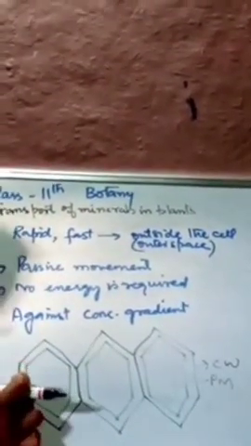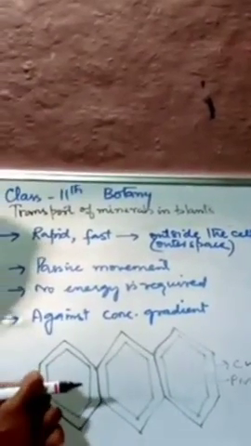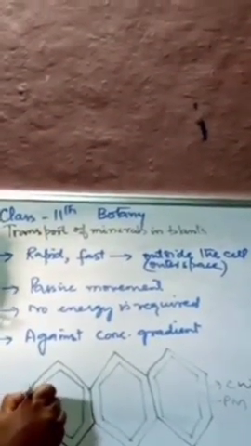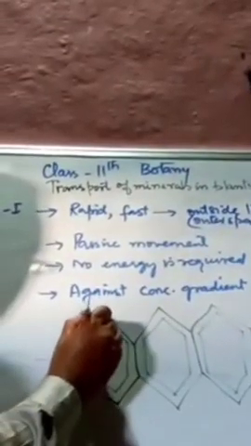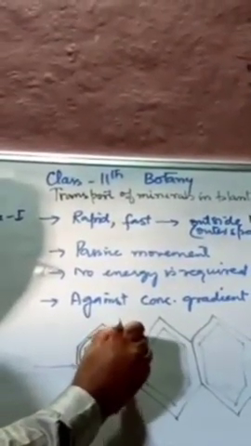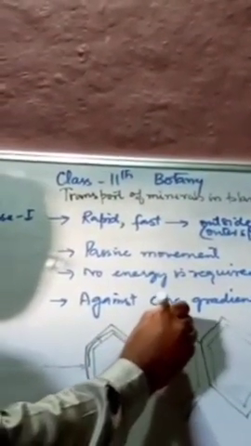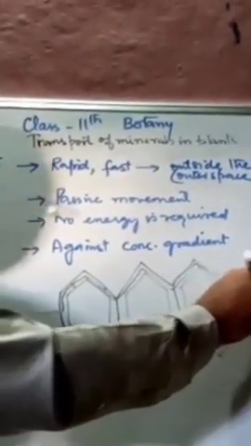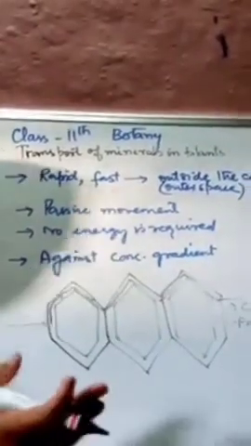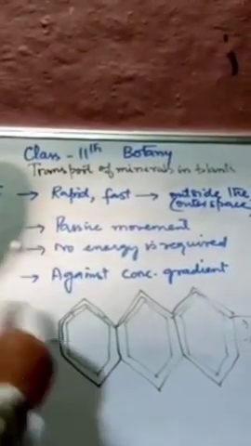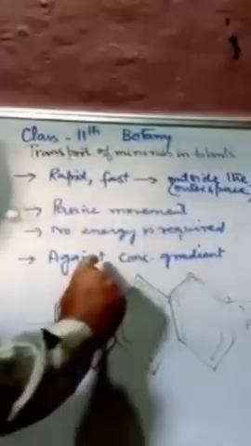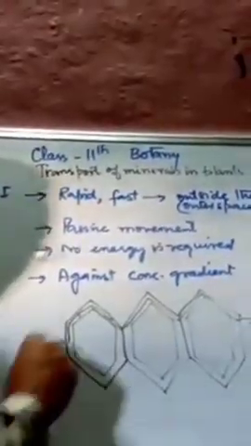Water and these minerals move through the space between the cell wall and the plasma membrane, going inside like this, until it reaches the cortex. From the cortex, it is moved upwards. So here it is the fast, passive movement, and no energy is required in this case.